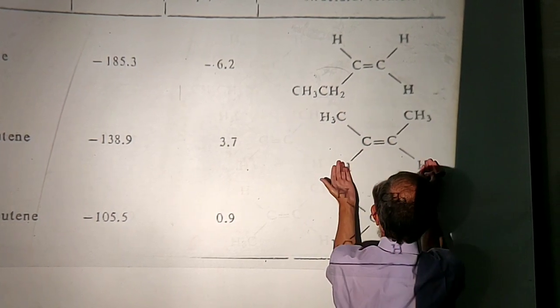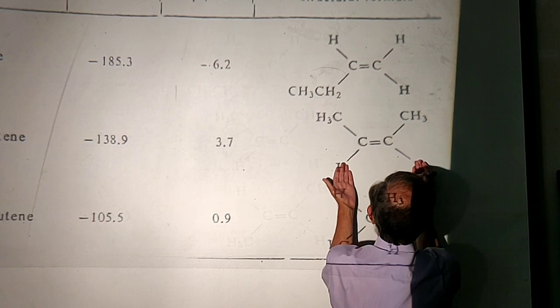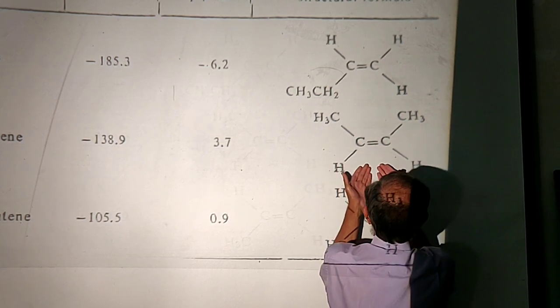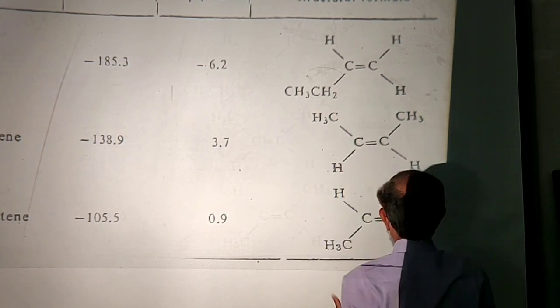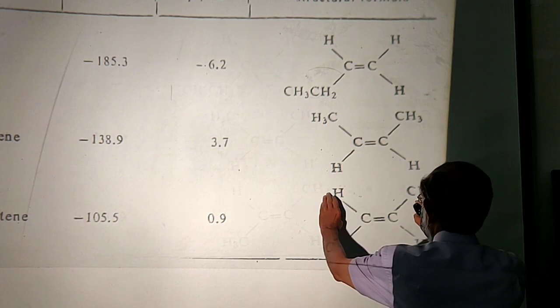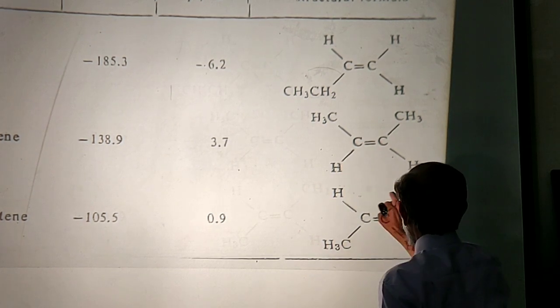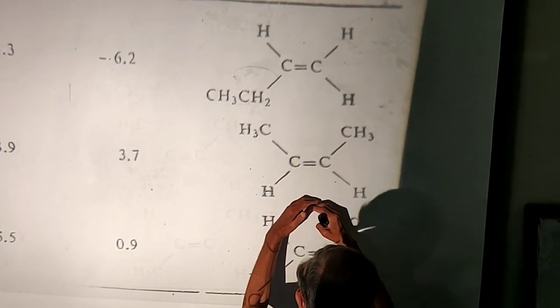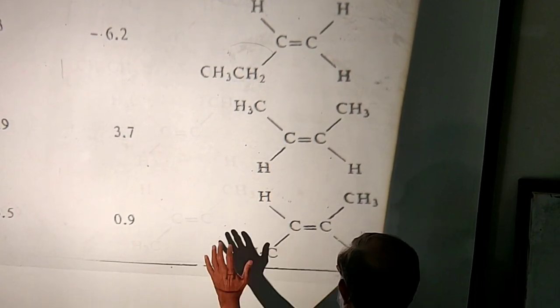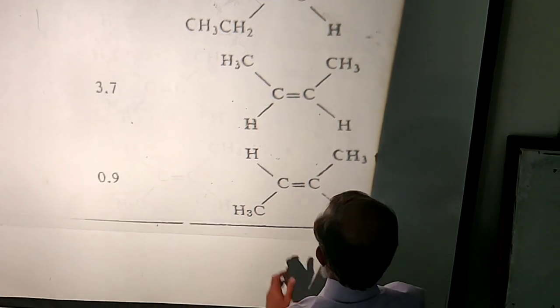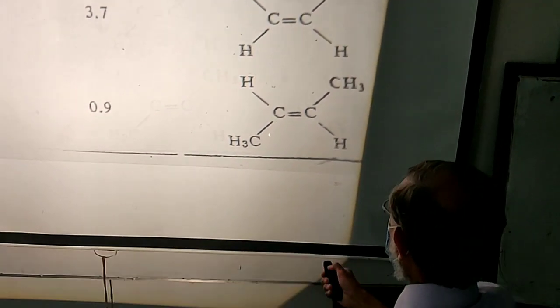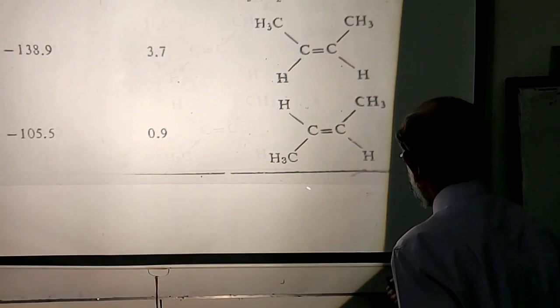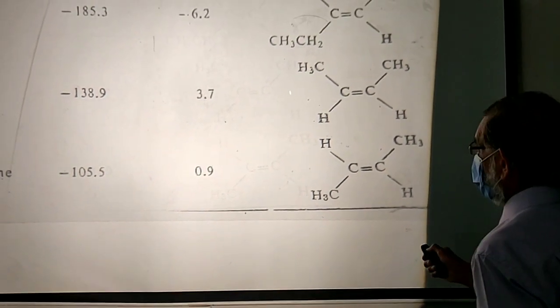Here, hydrogen, like things repel each other. Similarly, if you could see here, these are not like, they are unlike. They cannot do like this. Again, this cannot do like this. For that matter, this trans form is more stable than this one.